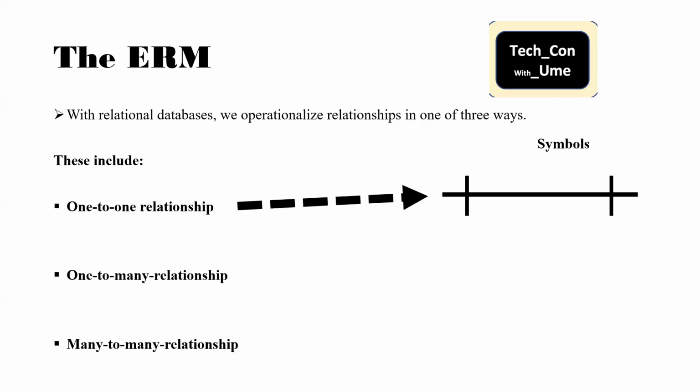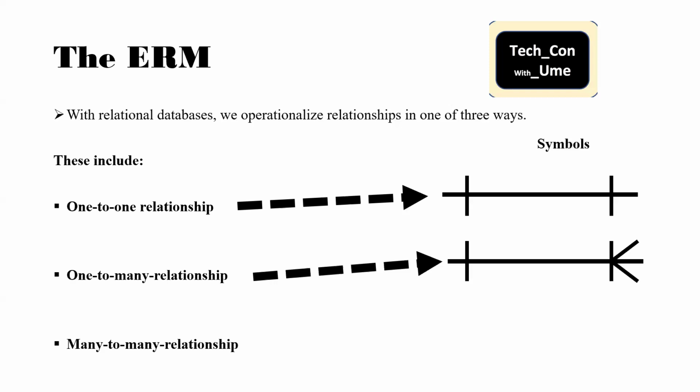There will be a line that connects the two entities together, and across the lines, we're going to have two dashes that cross the lines that connect our two entities. The two dashes across the line that connects our two entities represents the one-to-one relationship symbols.